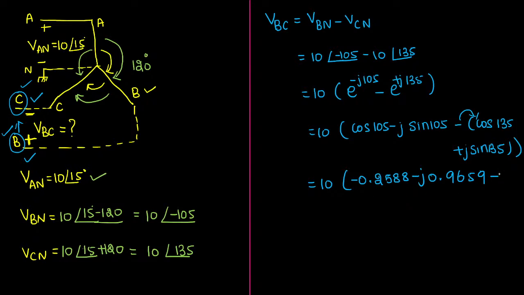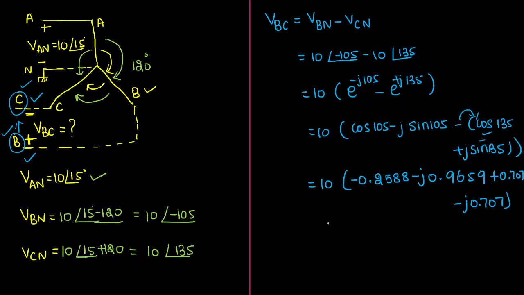If we take cos, that will give you minus, so minus into minus will become plus 0.707. Then minus j, if we take sine 135, it gives the same 0.707 but plus.